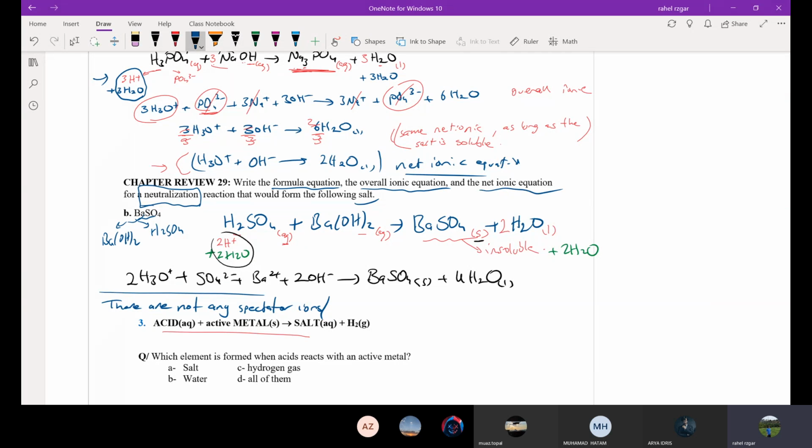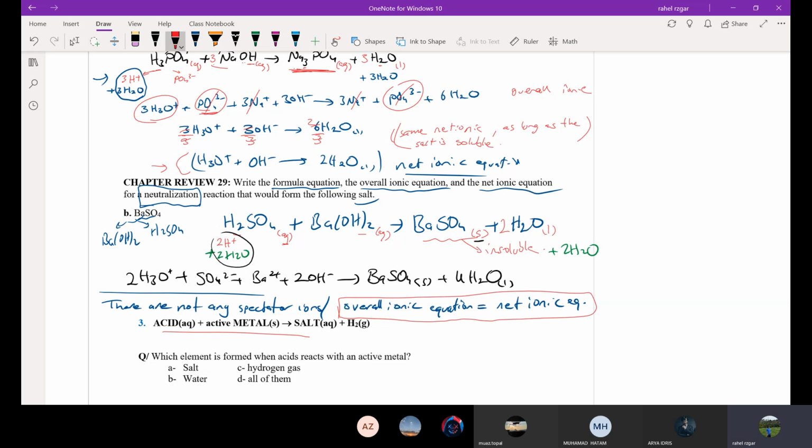If we don't cancel anything, in this case the overall ionic equation is equal to the net ionic equation.